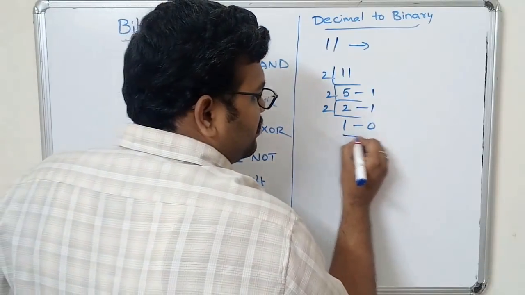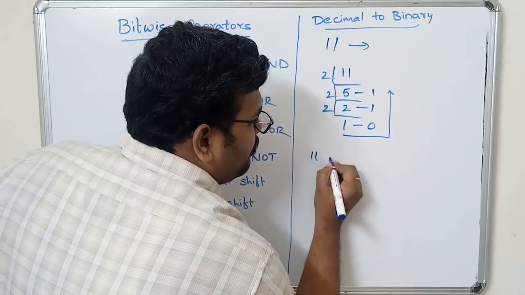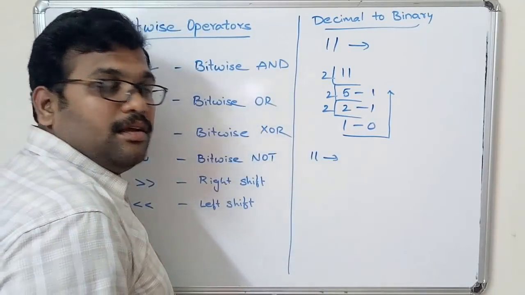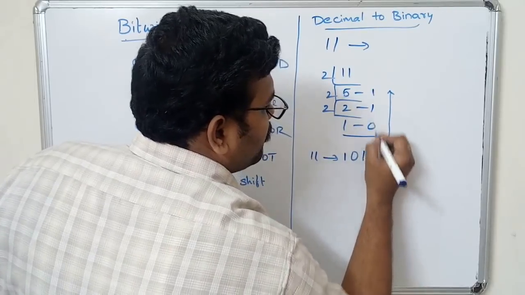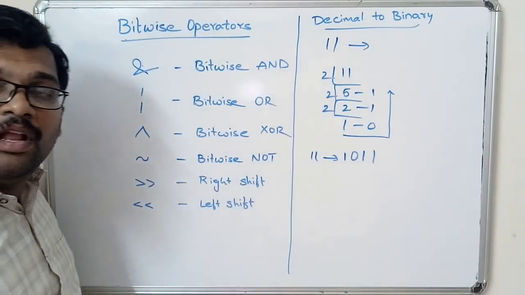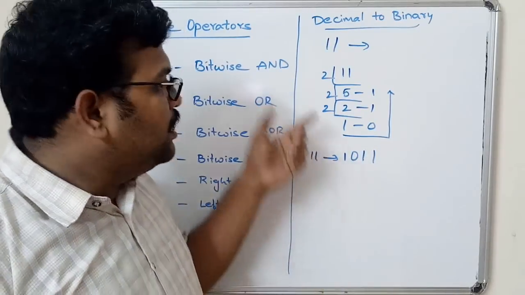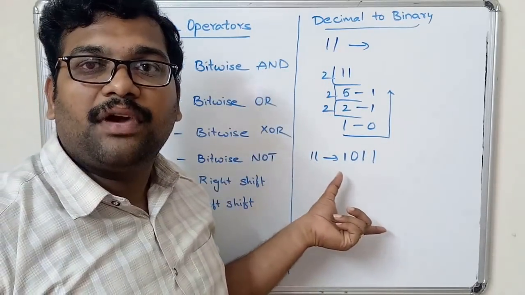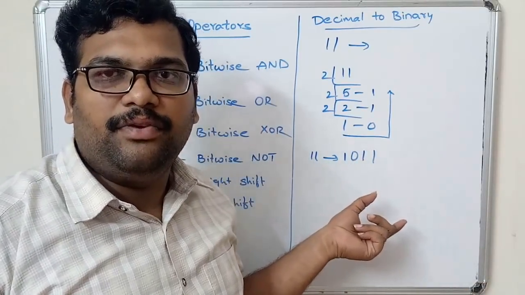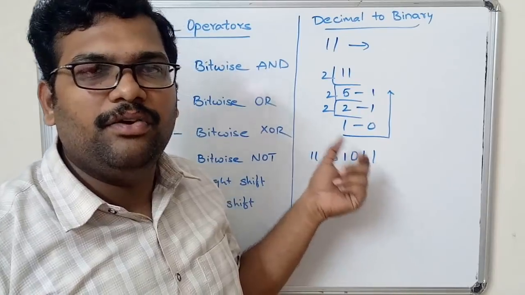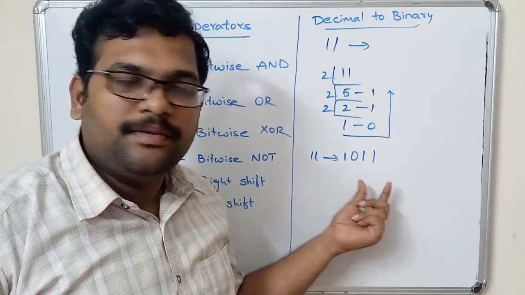Now arrange the bits from bottom to top. So 11 can be written as 1 0 1 1. This is the binary equivalent of the decimal number. This is the procedure to convert any decimal value to its binary format, and you can take any decimal value.